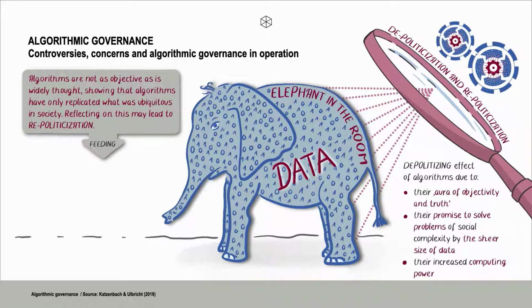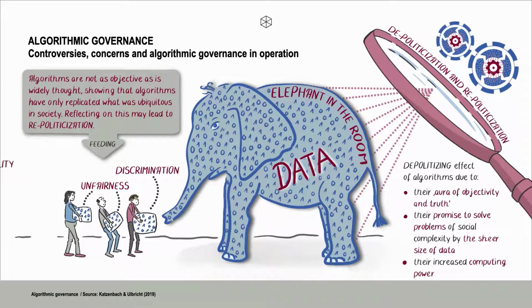Studies emphasize, however, that algorithms are not as objective and neutral as widely thought, showing that algorithms have replicated what was ubiquitous in society, such as social inequality, unfairness, and discrimination. This realization led to a repoliticization of governance and decision-making in some areas.